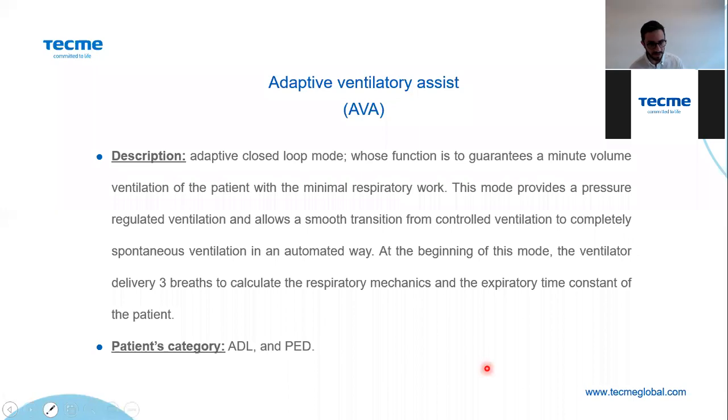So, what's the idea of this ventilatory mode? The idea is to deliver a certain minute volume, but trying to reduce as much as possible the patient's work of breathing. Okay, it is only available in the adult and pediatric patient categories.